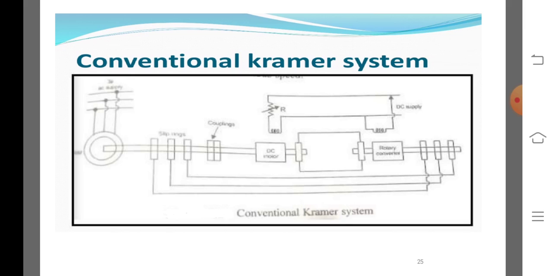When the field resistance R is changed, the back EMF of motor B changes. Thus, the DC voltage at the commutator of C also changes. This is the main block diagram of the conventional Cramer system.